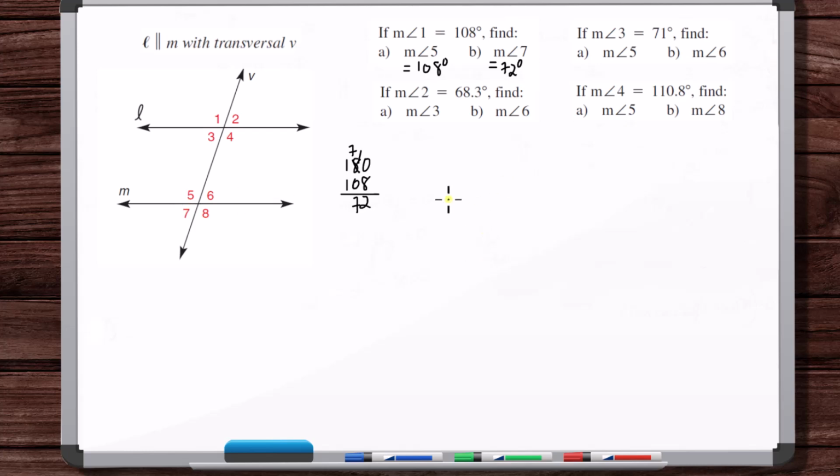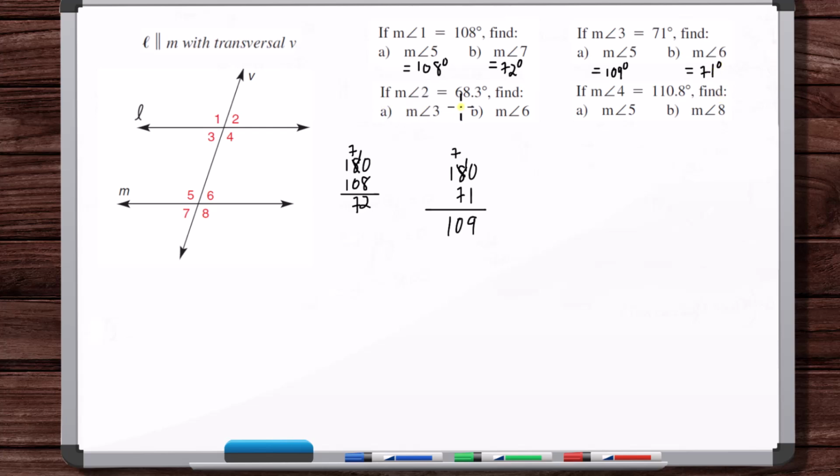So the measure of angle 5 is going to be 180 minus 71, and that should be 109, I think. Yeah. Okay, what about the measure of angle 6? Well, alternate interior angles. The measure of angle 3 and the measure of angle 6 are the same. So 71 degrees.